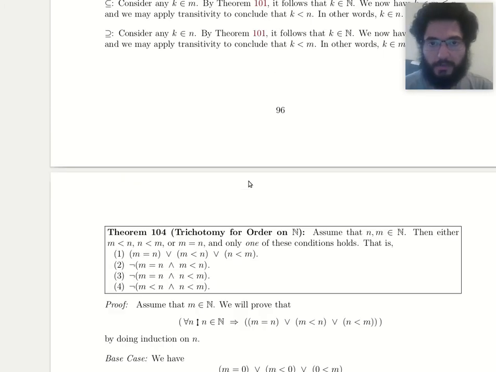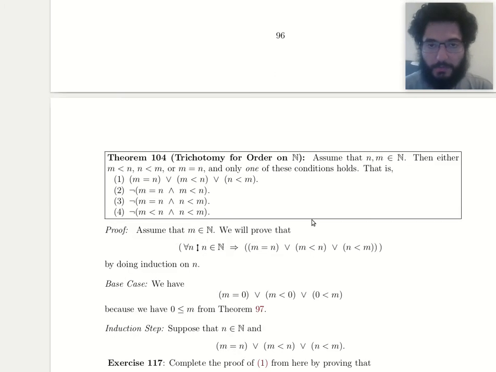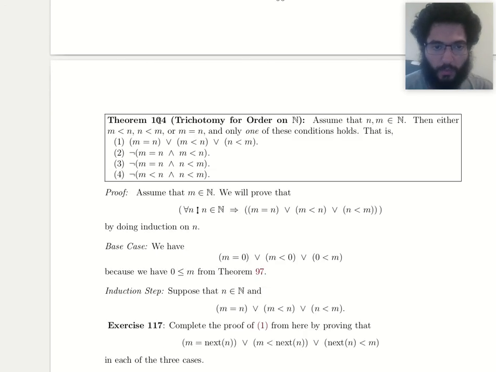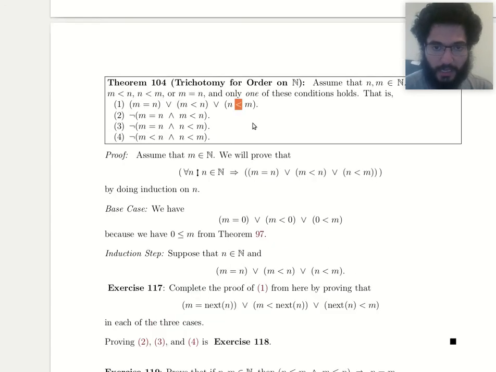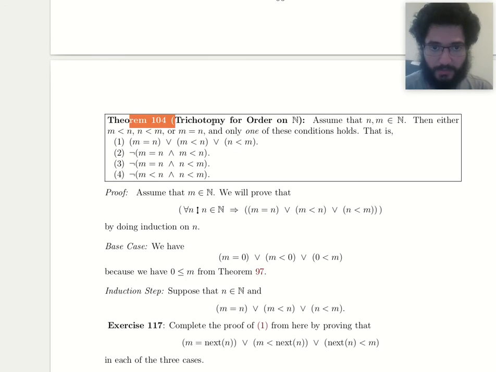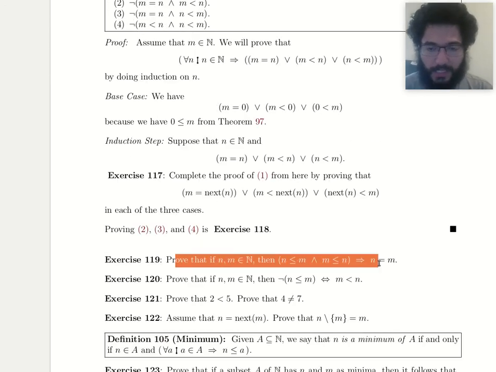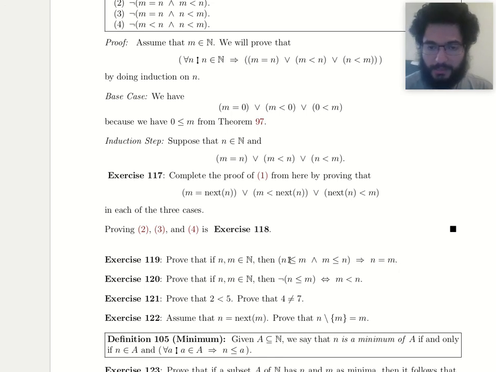Actually, if you look back to our work with natural numbers, going away from this cardinality discussion for a sec, we had this less than symbol and the less than or equal to symbol. And shortly after we proved the theorem, trichotomy for the order, this exercise comes up, which some of you have done as part of your presentation.